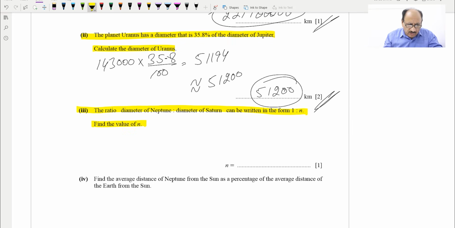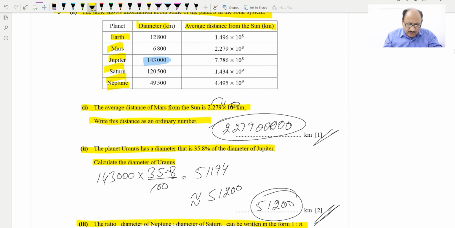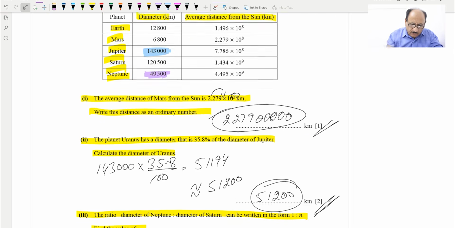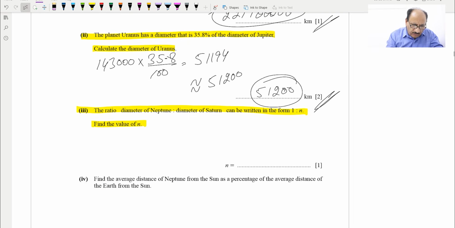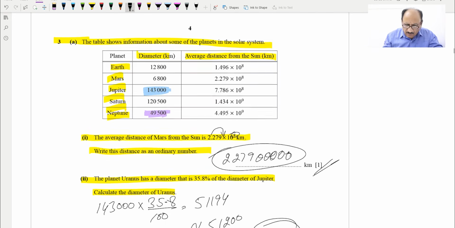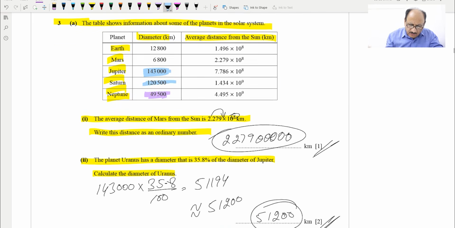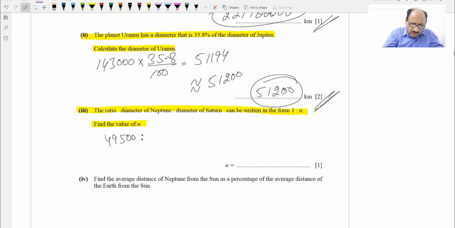So first, the diameter of Neptune is this one, 49500, and the diameter of Saturn, which is over here, is 120500.